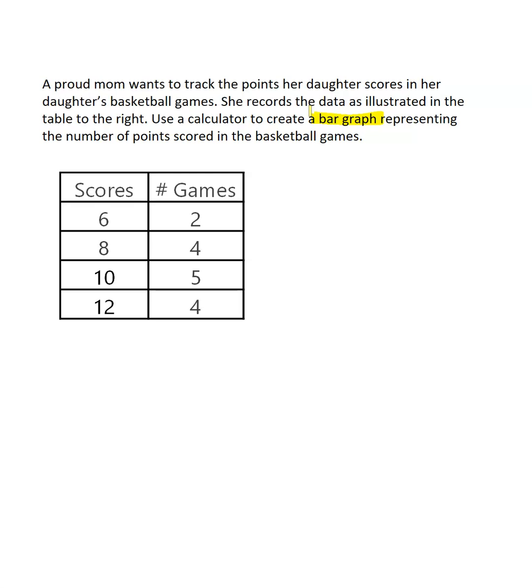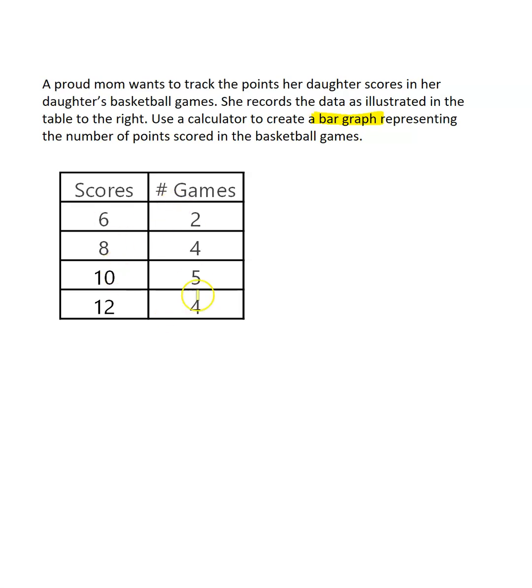So that means you may have to adjust the class width and the number of classes. If you're given a desired number of classes, then you'll have to incorporate that to the Xmin, Xmax, and Xscl in order to adjust it. For now, I'm not going to do that. I'm just going to go by what the calculator presents to me.